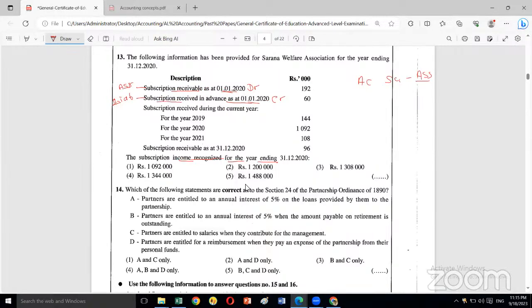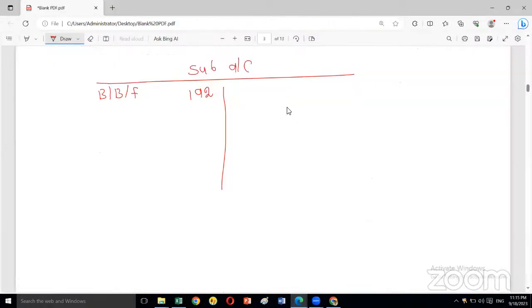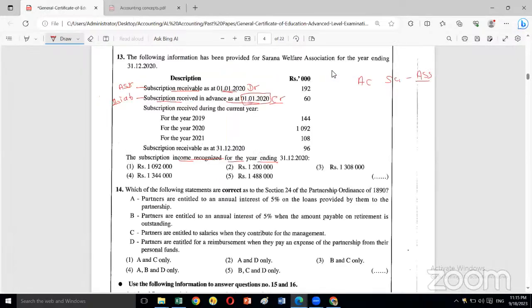Income received in advance is a liability, so its opening balance goes on the credit side, 60, again with the description B/F. Now see the next one.